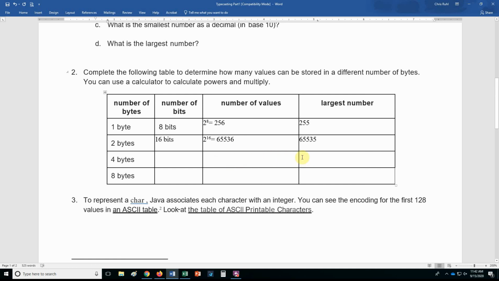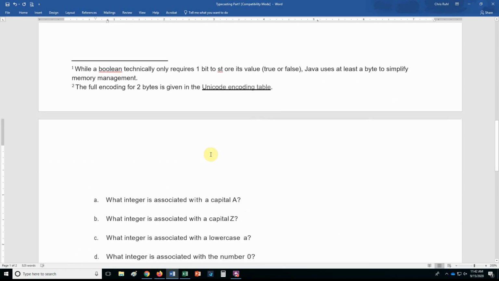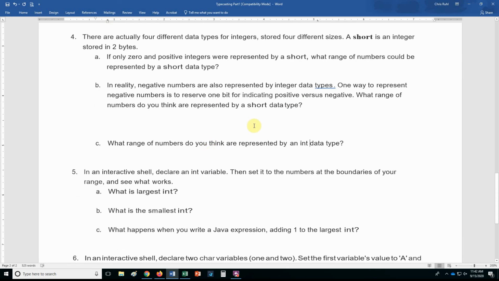And the largest number will be 1 less than that. 2 to the 32nd. But then there will be positive and negative values, so we're going to need to divide by 2 and account for the 0 on letter C.